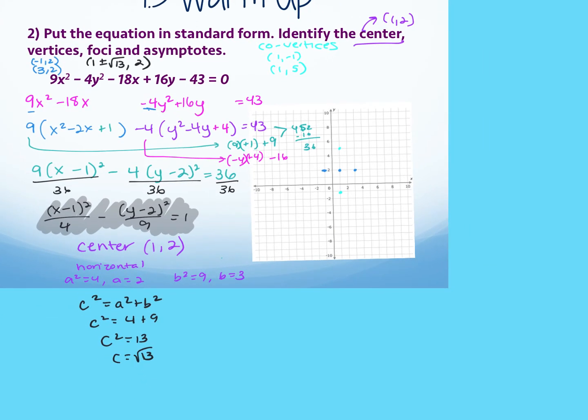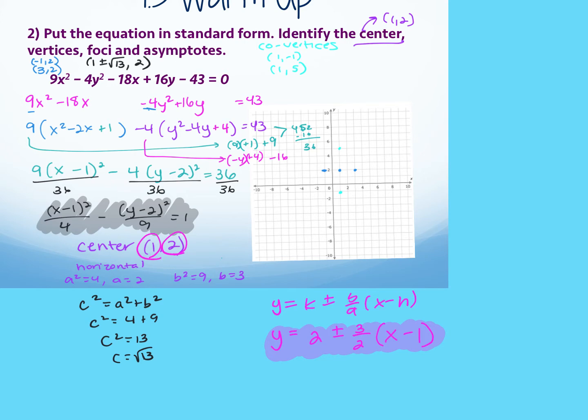And then the asymptotes, y equals k plus and minus, it's horizontal, so it's b over a, x minus h. Y equals k, which is 2, plus and minus, b is 3, a is 2, times x minus h, which is 1. And there's your asymptotes. We just leave it like that?